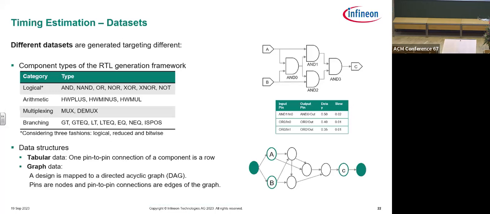Okay, how do we represent the data? Which is also important, because if we want to learn something, how can we do that? We can do it in a tabular-based way or graph-based way. Tabular data is easier, I would say, for classical machine learning. Graph data, you will see later, is better for graph neural networks for the prediction.